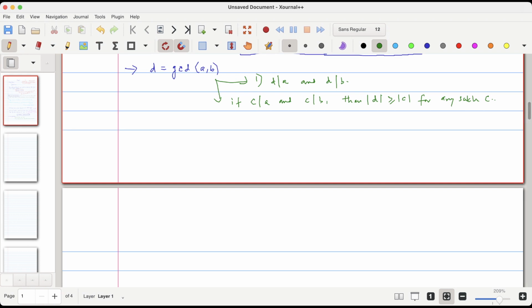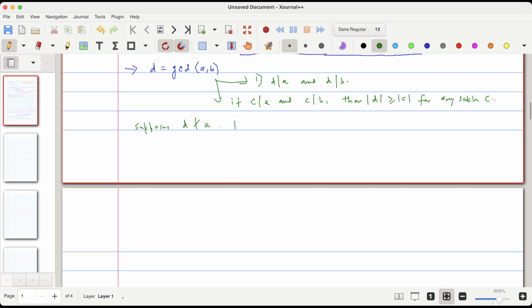Now, suppose D does not divide it. We will be approaching it by proof by contradiction.